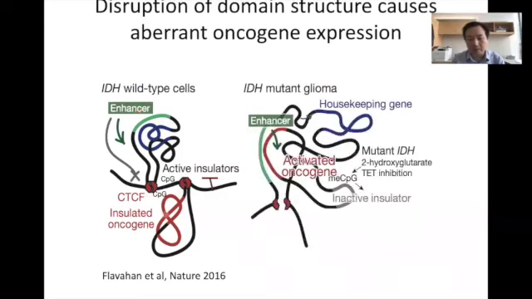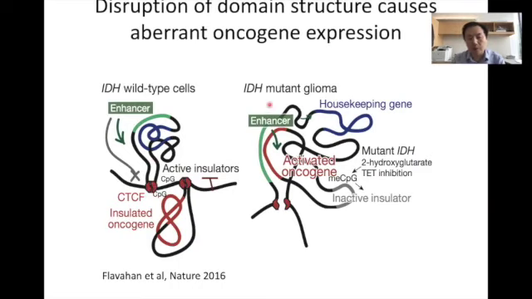But when the patient has the IDH mutation, it will lead to aberrant demethylation patterns. As we will cover later in this lecture, to maintain such chromatin structure, there's a protein called CTCF that needs to bind to the DNA and seal the chromatin domain.